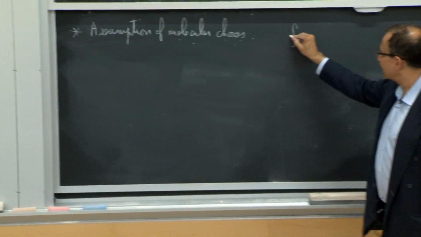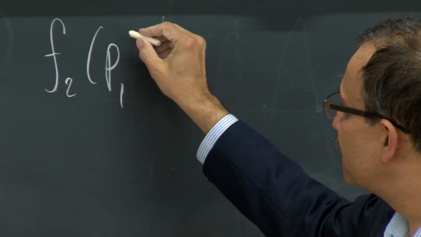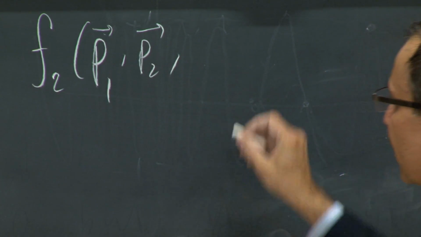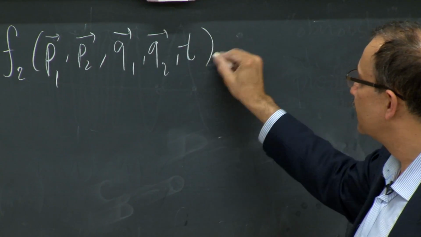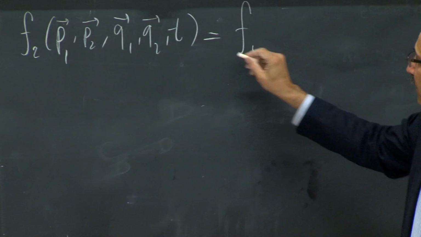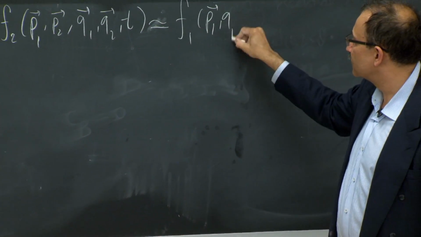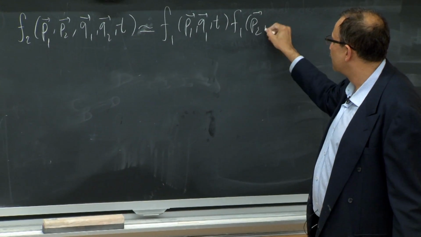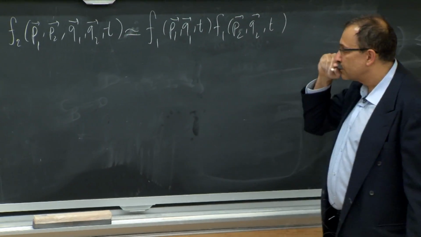In essence, saying that F2 of P1, P2, Q1, Q2, T is the same thing as the product of F1 of P1, Q1, T and F1 of P2, Q2, T. Okay?